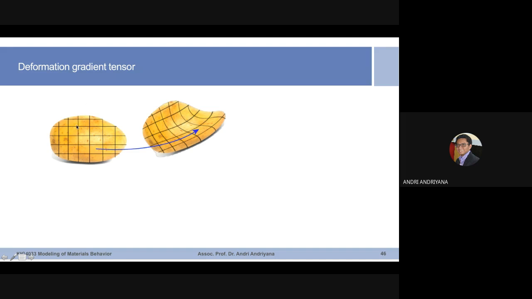I have this vertical line, and this vertical line becomes a curve. If I consider this square, it becomes distorted like this.